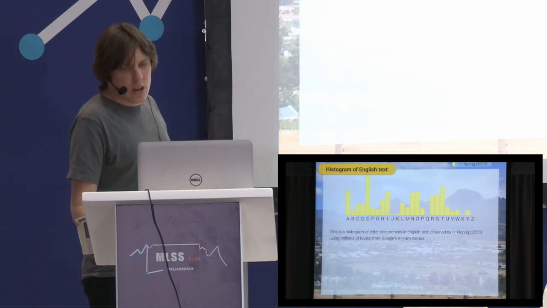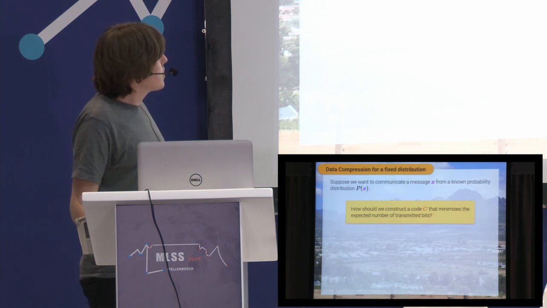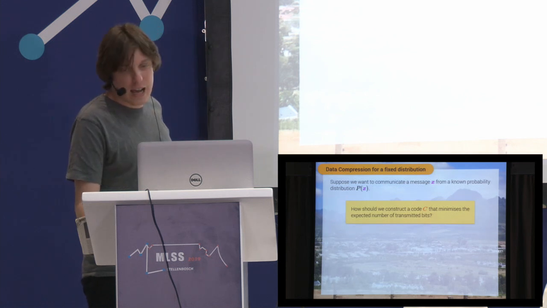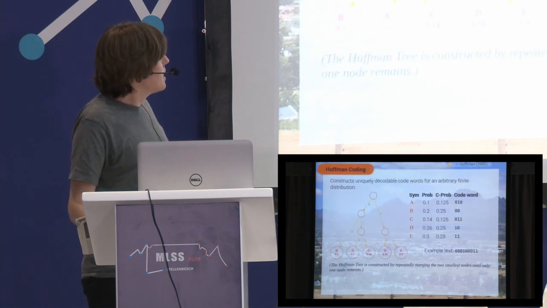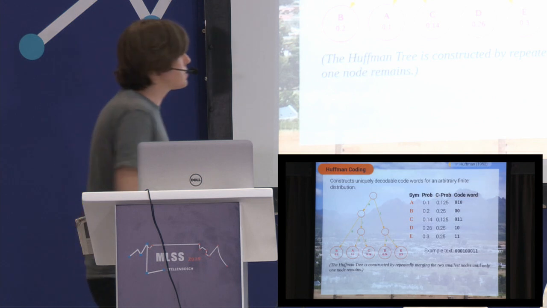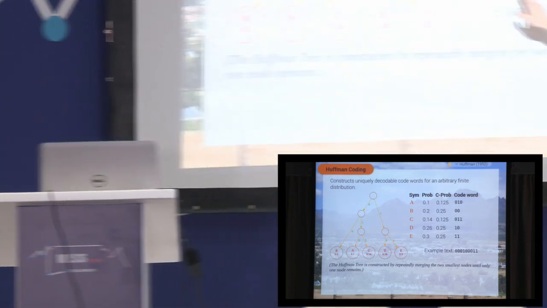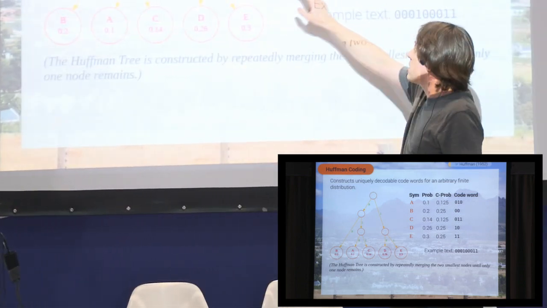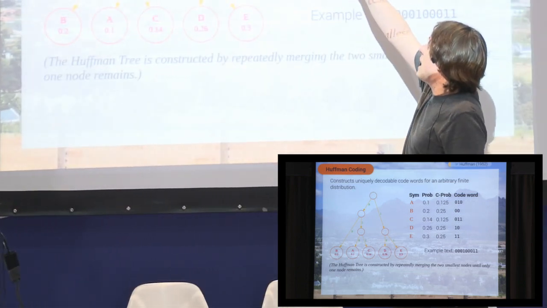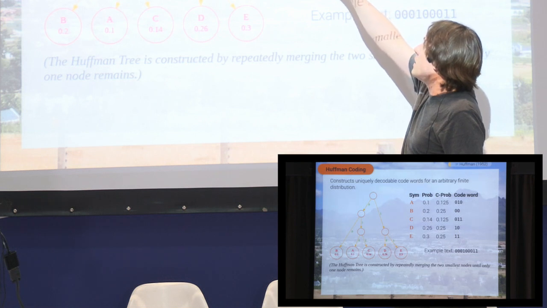And really, once we have a distribution, we want to get a code that helps us compress objects from that distribution optimally. And here's a way of doing that. Here's a code over 5 symbols from A to E, and I've written down the probability that each symbol has. The symbol A has probability 1/10, and so on.